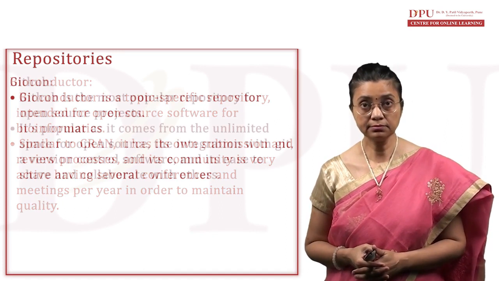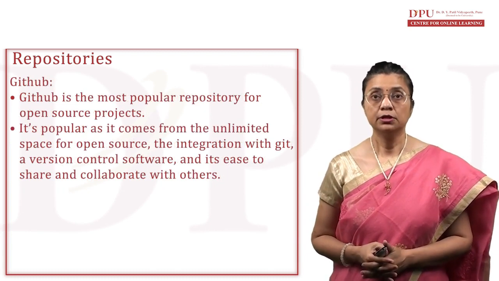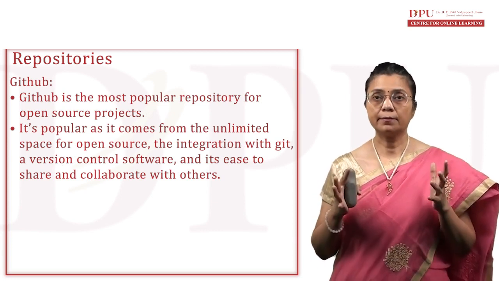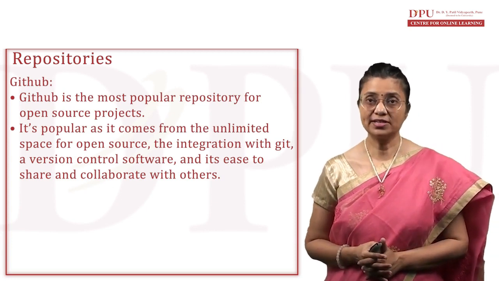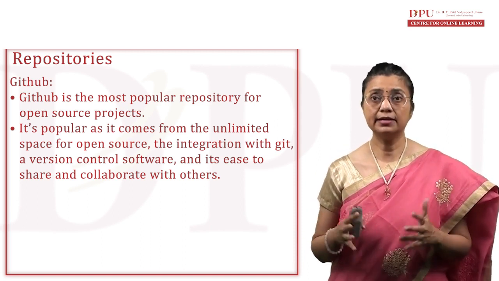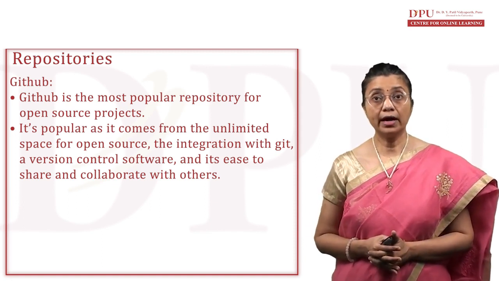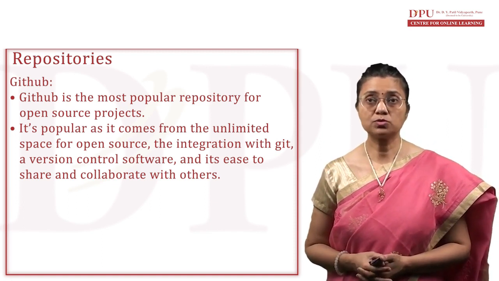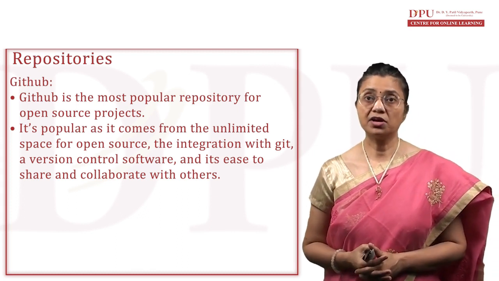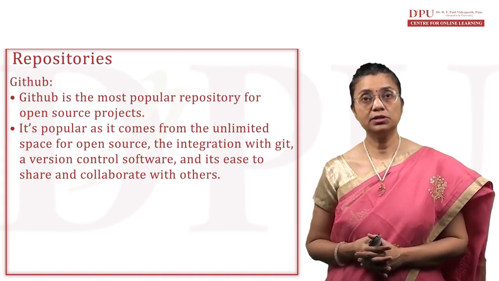Likewise, there is GitHub. GitHub is the most popular repository. It is a repository for open source projects. An open source project means that when I design a project, it is freely available. It is popular because of its unlimited space for open source, the integration with Git, a version control software, and its ease of sharing and collaborating with others.